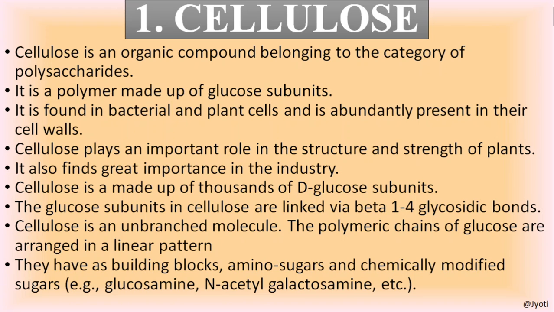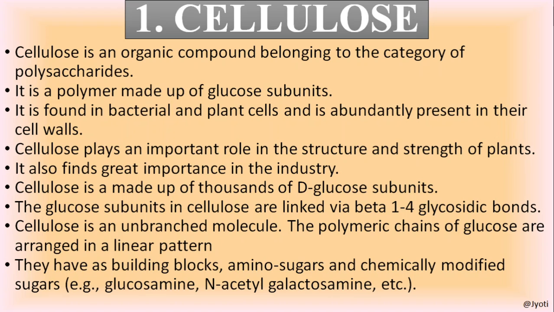and the cellulose finds great importance in industry. The cellulose is made up of thousands of glucose subunits. I am not discussing D-glucose. The glucose subunits in the cellulose are linked by 1-4 glycosidic bonds.